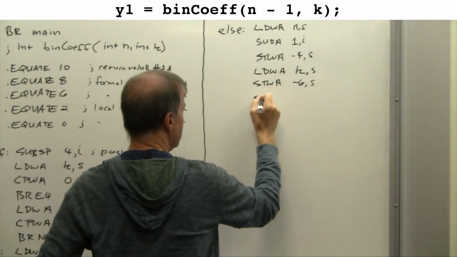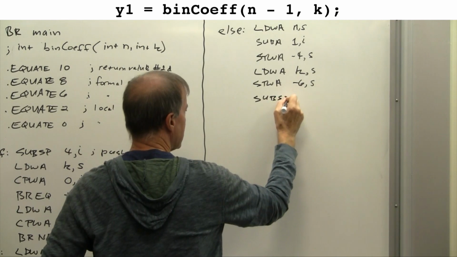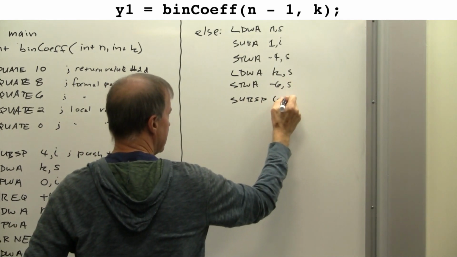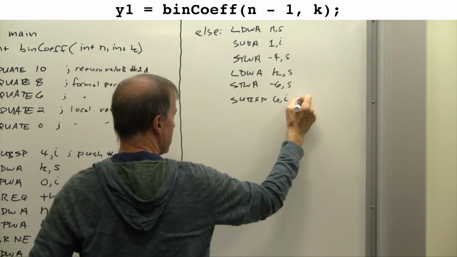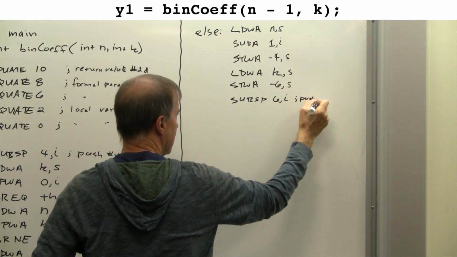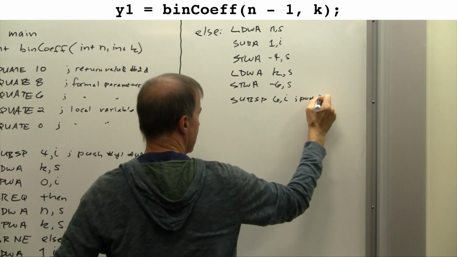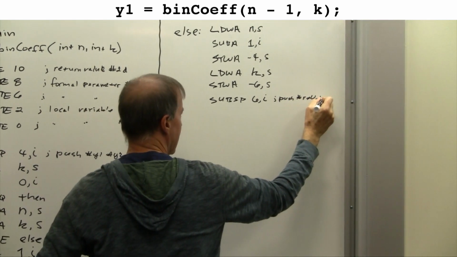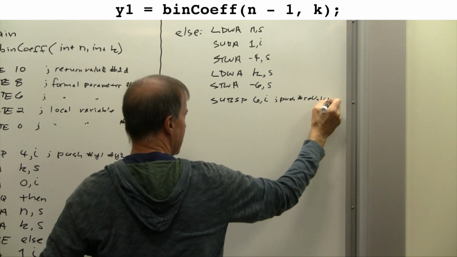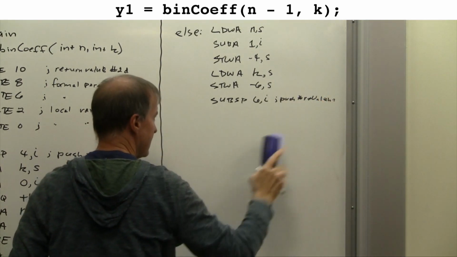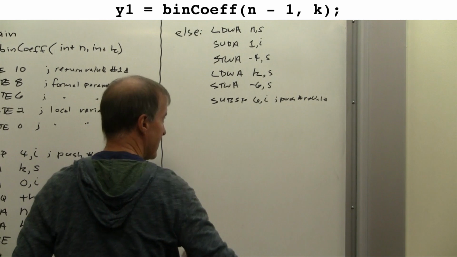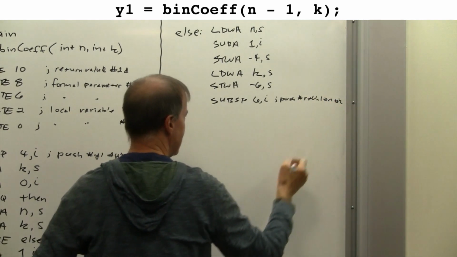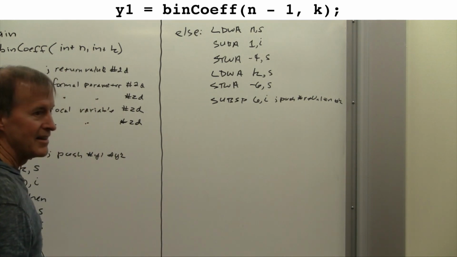Sub SP. How much? 6, addressing immediate. And we're pushing what? Hashtag ret val, hashtag n, hashtag n, hashtag k. All right.